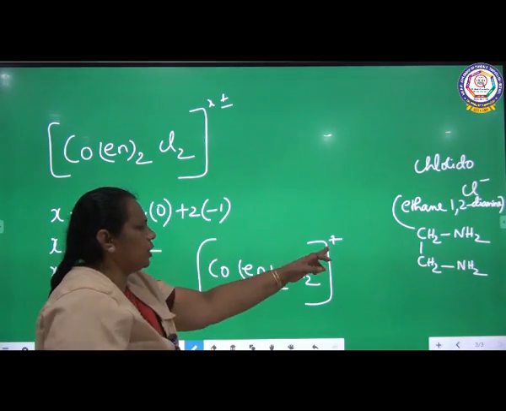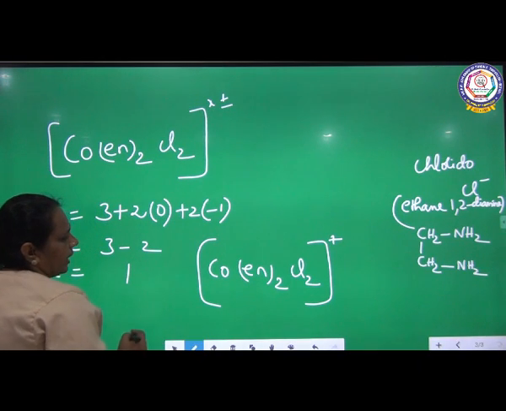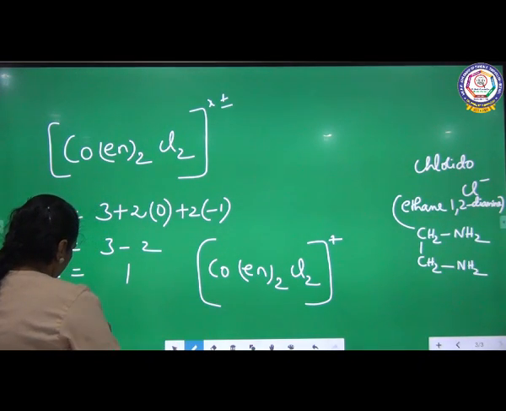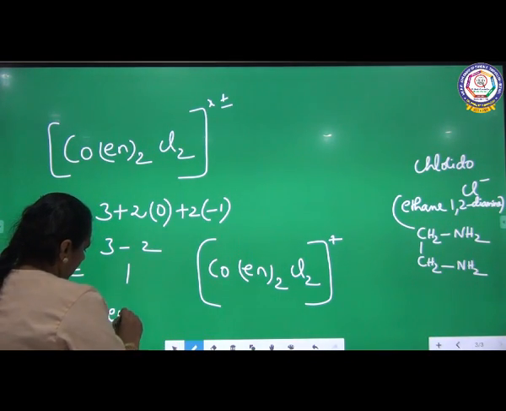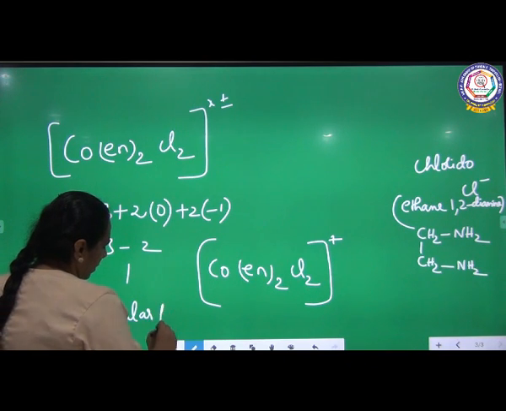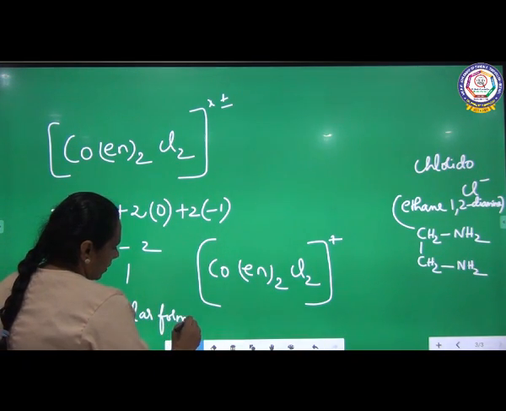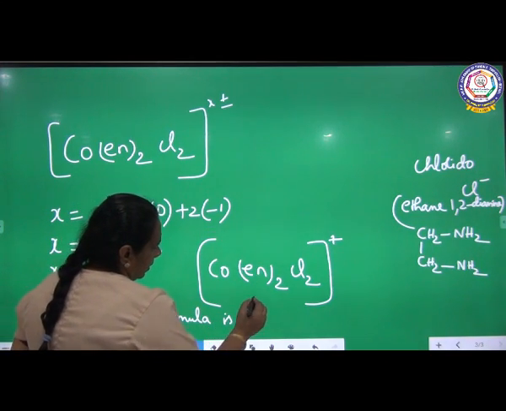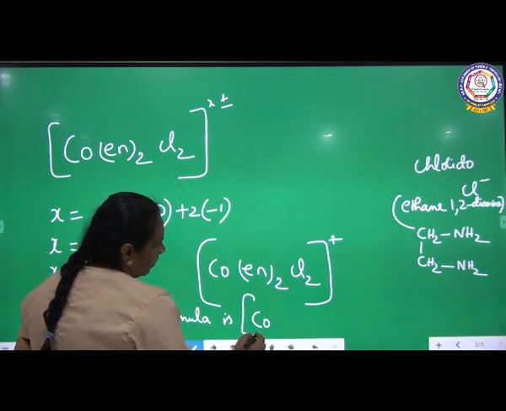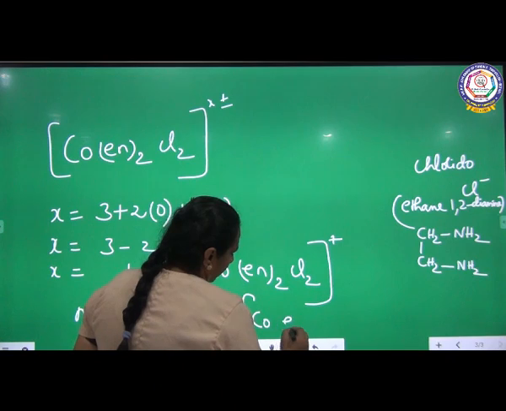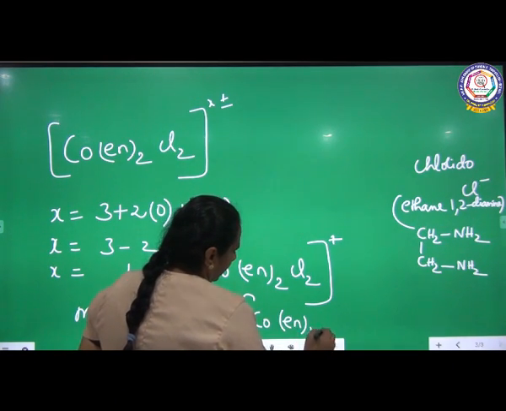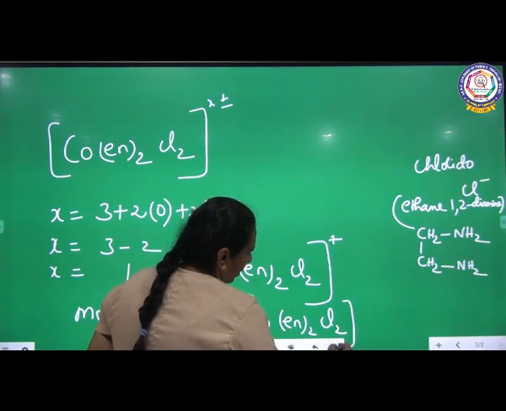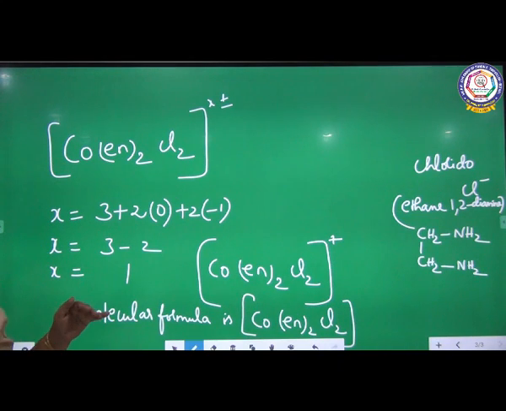So it is a charged species. That's why the final formula will be [Co(en)2Cl2]+. So this is the molecular formula for this binuclear complex.